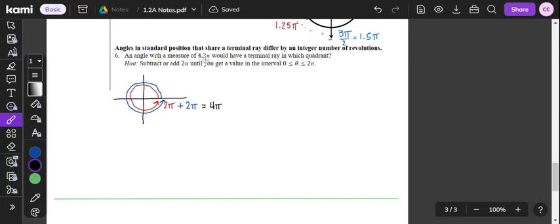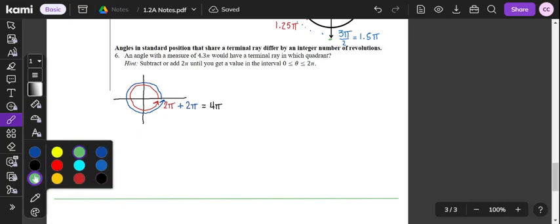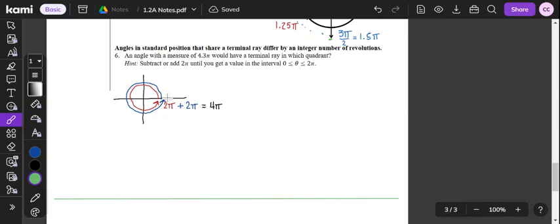I need to figure out where 4.3 pi would put me. So once again, you need to keep going. If you kept going all the way to here, this is pi over 2, or 0.5 pi. And if you look, we were at 4 before, and we want to get to 4.3.